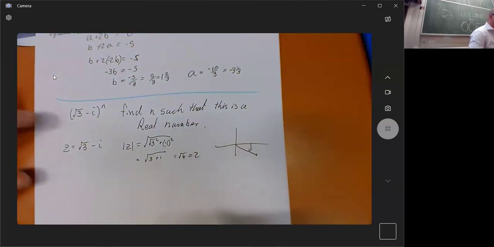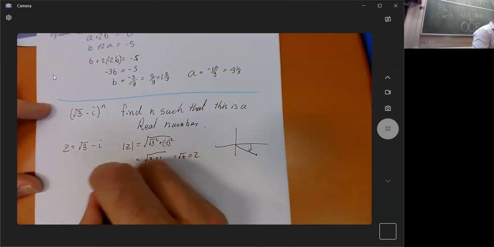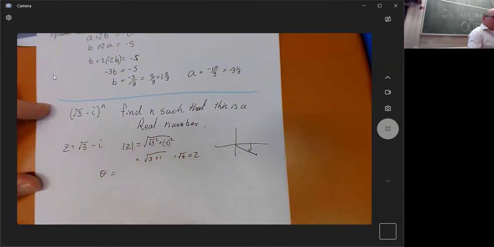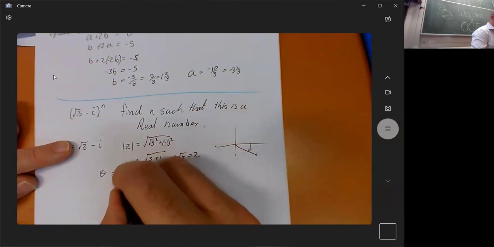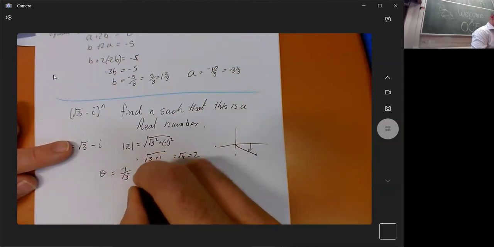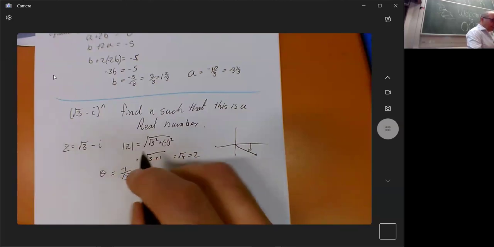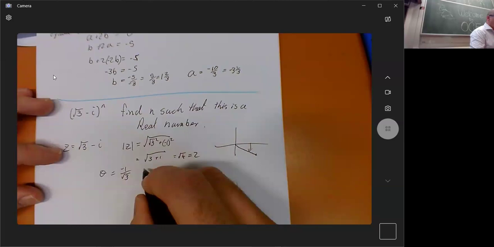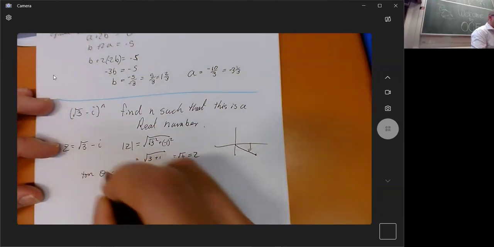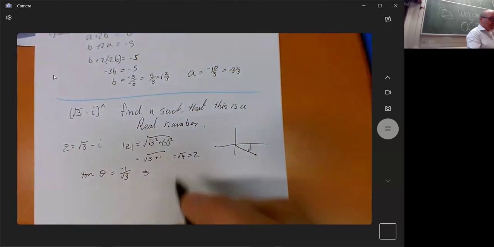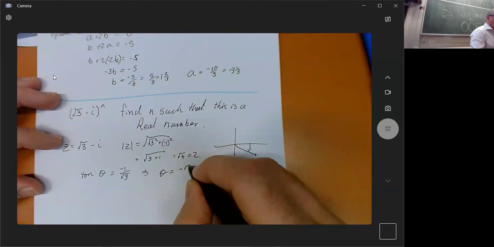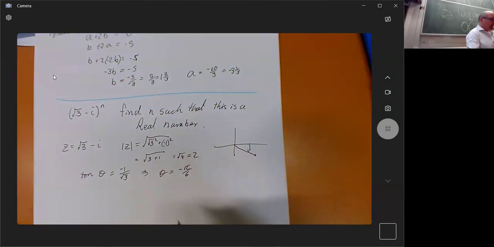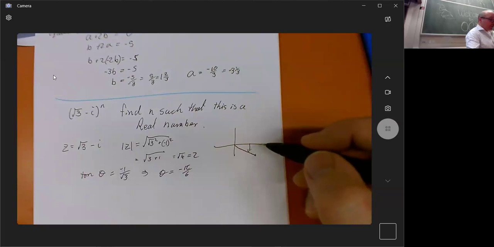And for my theta, I take the imaginary bit divided by the real bit, so -1 divided by root 3. This is tan theta, and so that's saying theta is equal to -pi on 6. That feels about right for my little diagram.